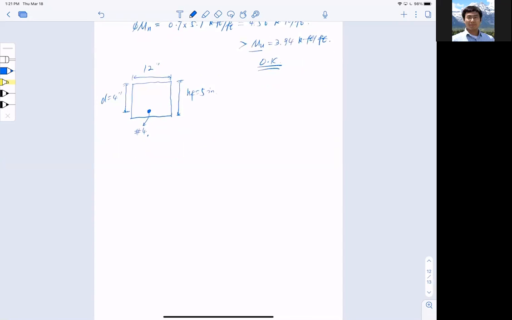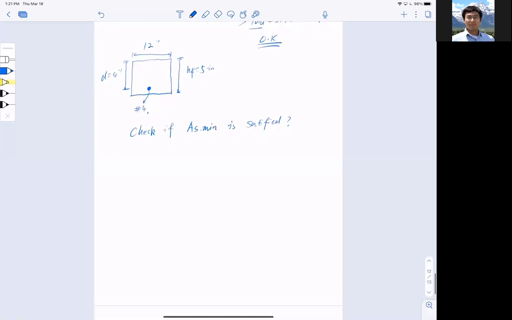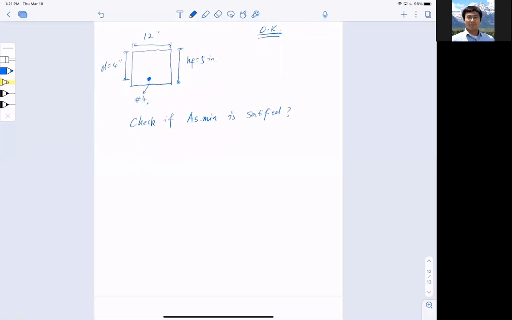I'm happy with all that, but don't forget, per the flexure reinforcement design criterion, we also have to check to see if the As min is satisfied. The minimum area of reinforcement is exceeded. So what is As min by the code?